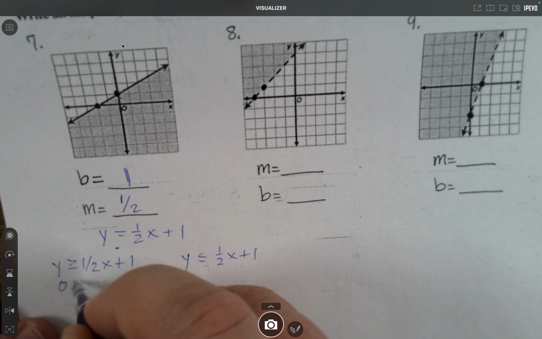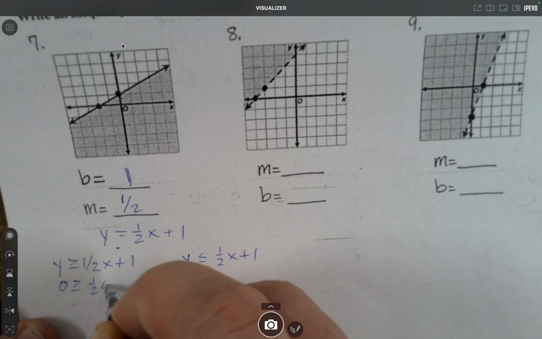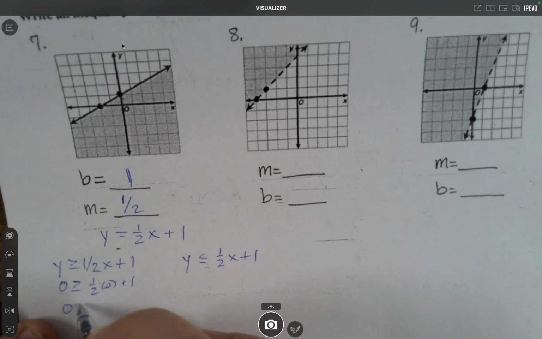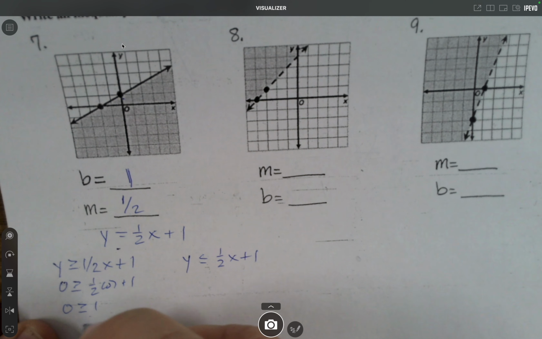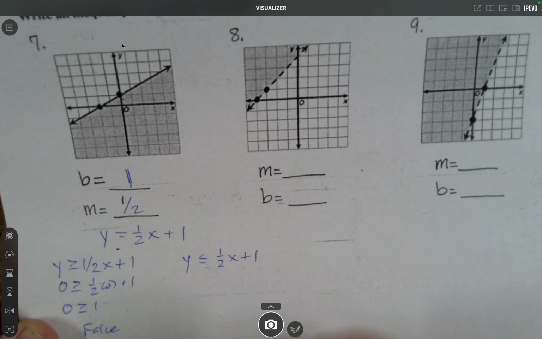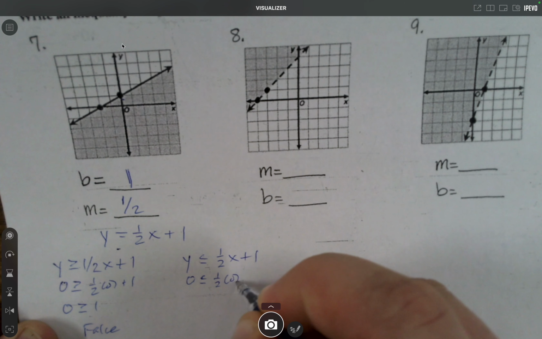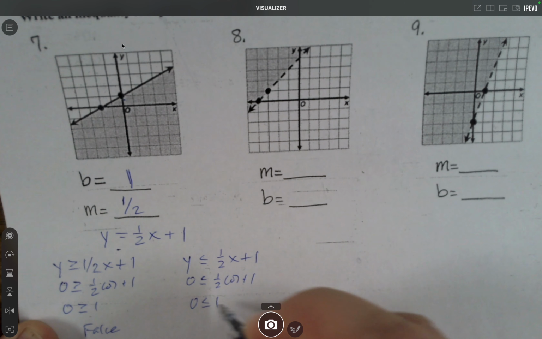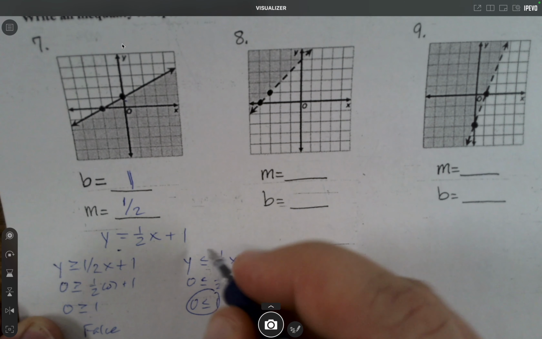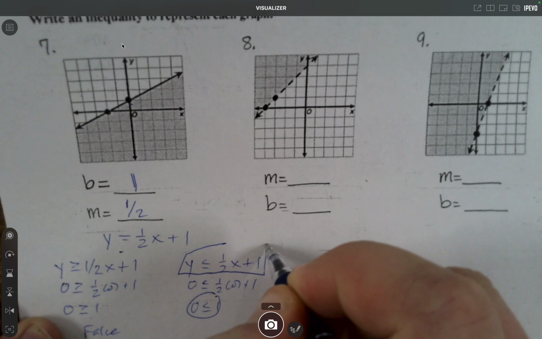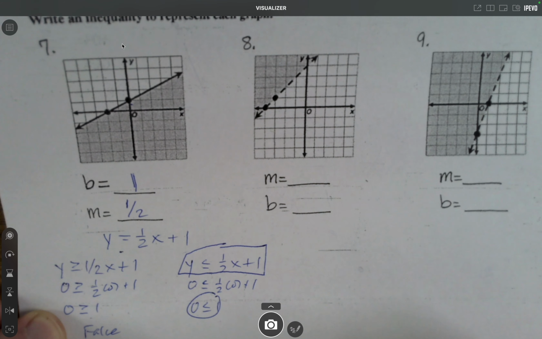So if I plug in 0 here, I get 0 is greater than or equal to 1. That's false. So that can't be the right one. Plug in 0, 0 here. We get 0 is less than or equal to 1. That's true. So our correct equation is y is less than or equal to 1/2 x plus 1.